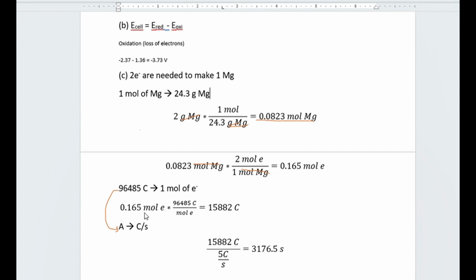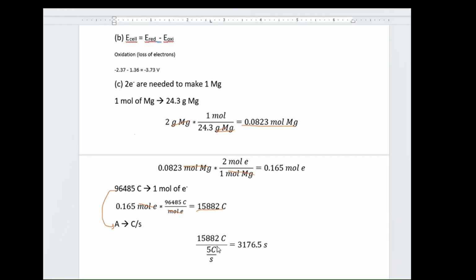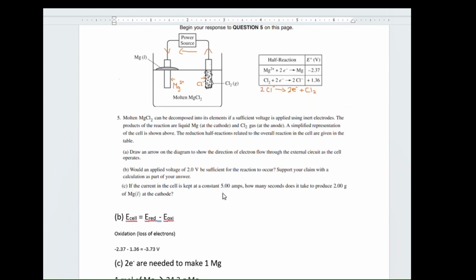So let me just do that. Since 96,485 coulombs are carried by 1 mole of electrons, 0.165 moles of electrons carry a smaller charge, and they carry 15,882 coulombs, which is a fraction of this number over here. Now let's see how many seconds it would take for this amount of charge to flow, because 5 coulombs of charge flow in 1 second, because that's the current over here.